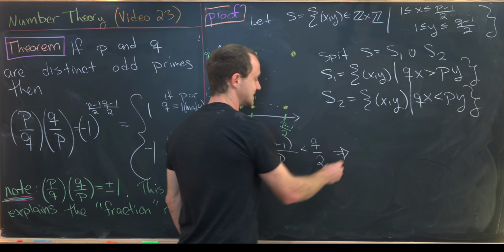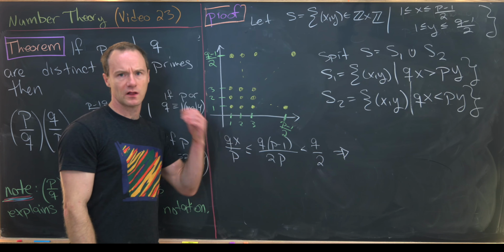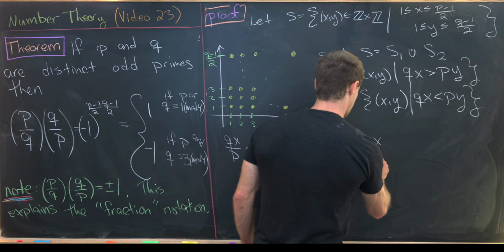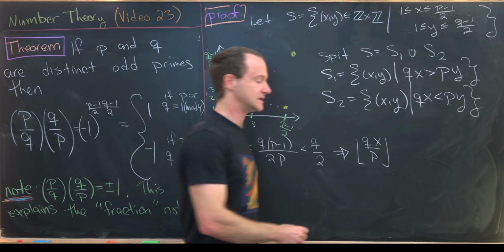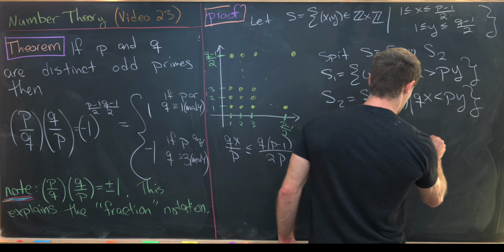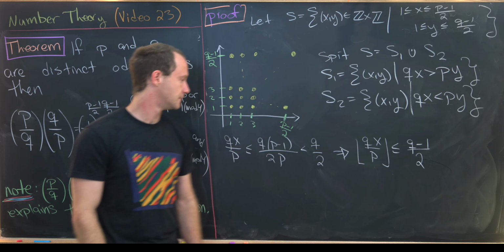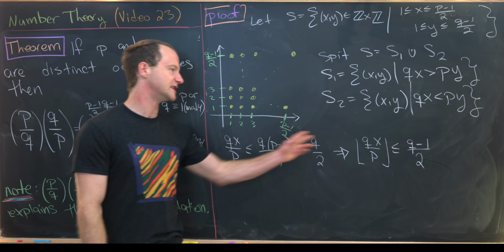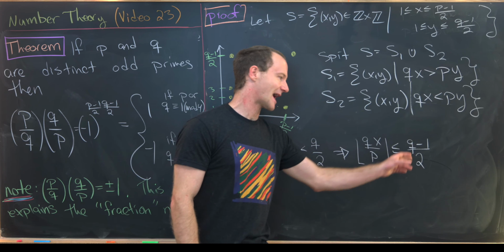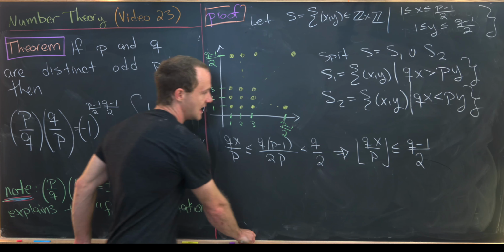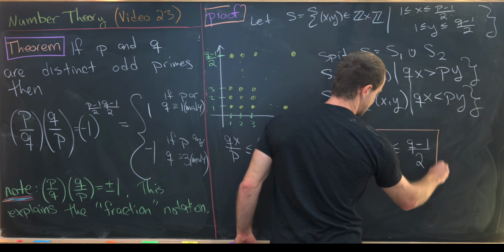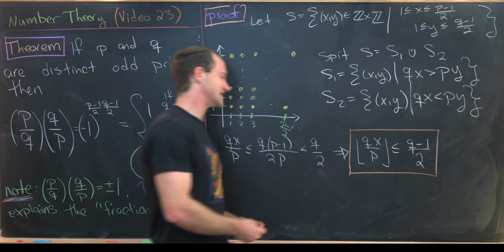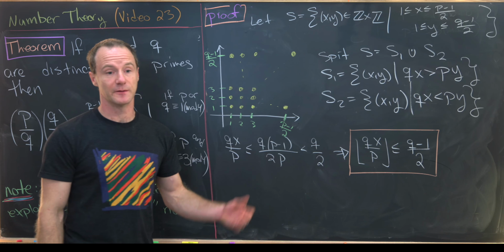Okay, so now let's summarize all of that with the following floor inequality. So we've got the floor of q times x over p is less than or equal to (q minus 1) over 2. Well, if qx over p is strictly less than q over 2, then when we take the floor, we can subtract a little bit from this right side and also change the strict inequality to a looser inequality. Okay, and then we'll have a similar inequality involving the p's.